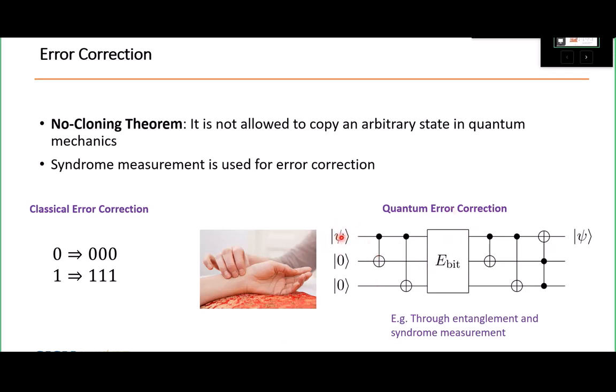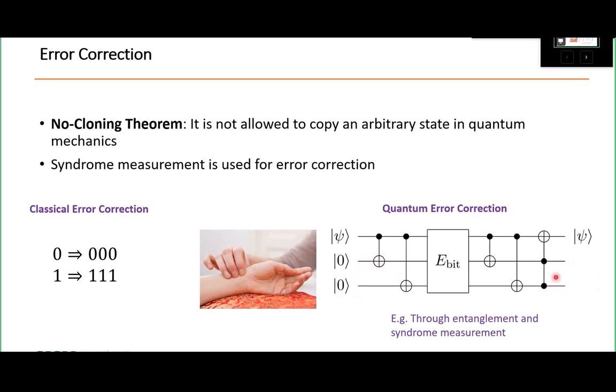We have a qubit, and we cannot measure it, because if I measure it, it will collapse, and I also cannot copy it. What I do is have some auxiliary bits, and I do some entanglement. Remember the entanglement we talked about? Basically, we just have some correlation between this qubit and the auxiliary bits. When the qubit gets some error, due to the entanglement, it is going to affect the auxiliary bits.